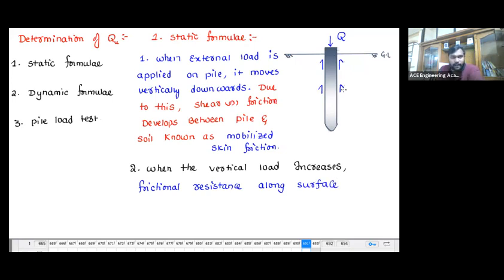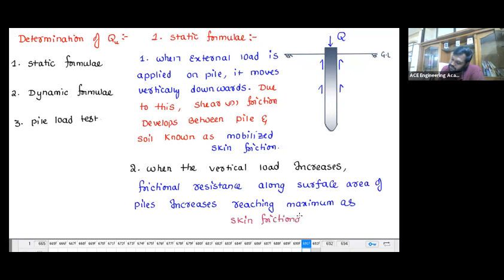Along the length of the pile, right? Surface area of the pile increases, reaching maximum as skin frictional resistance.